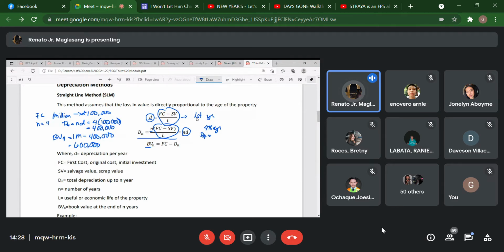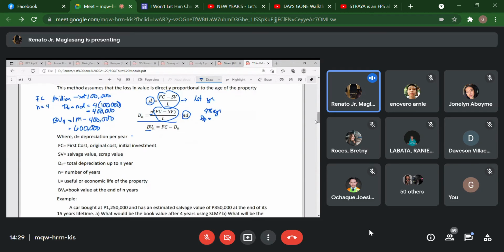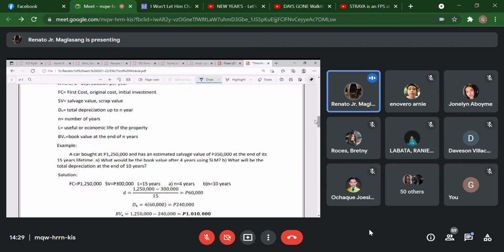That is the meaning of book value: the value of the equipment, machineries, or your property at the end of the year.